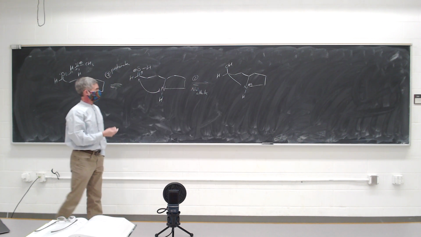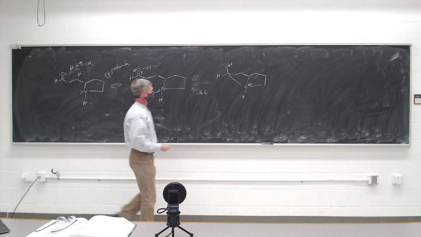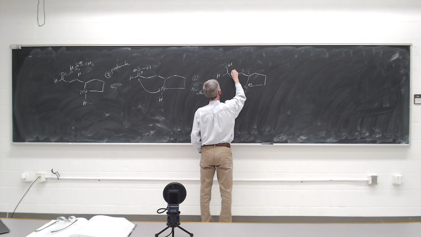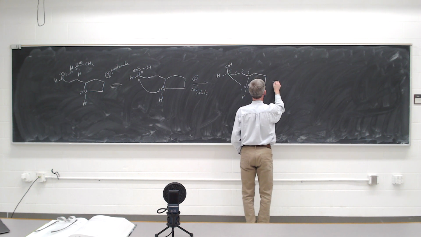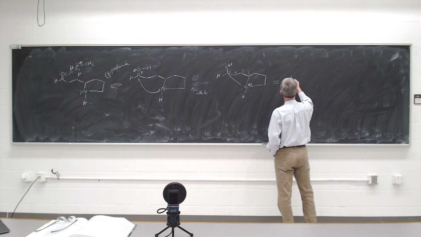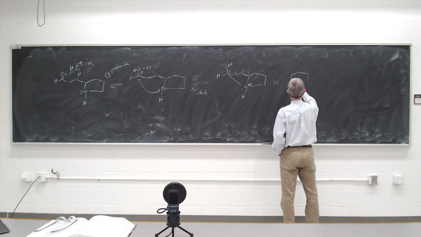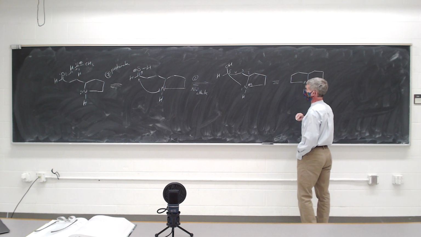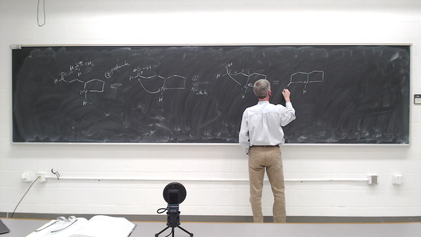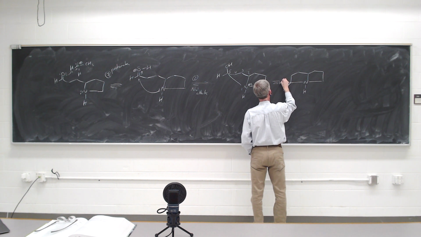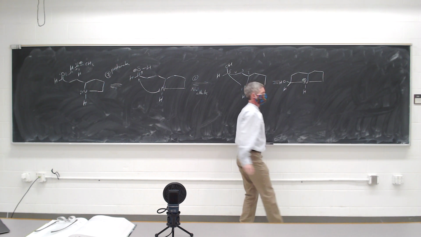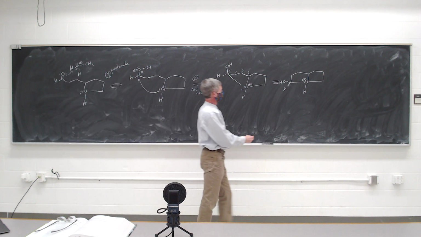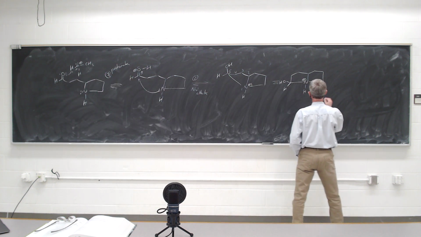That's a 5-membered ring that I've drawn strangely. If you want that to be a little neater, you can redraw it like that. So now we need to do proton transfer steps to get the hydrogen off the nitrogen and onto the oxygen.